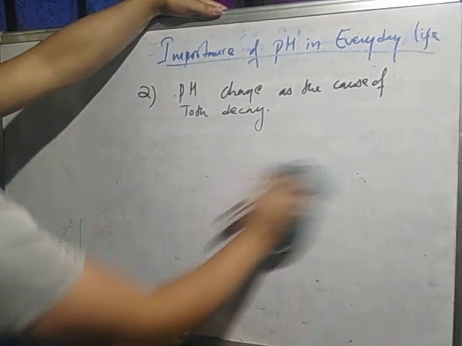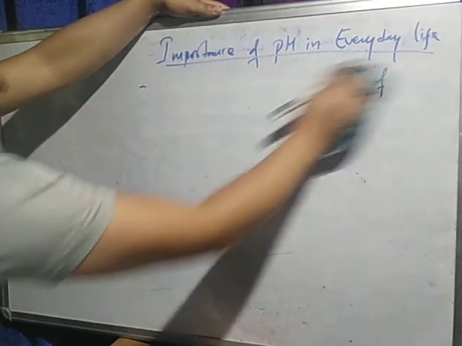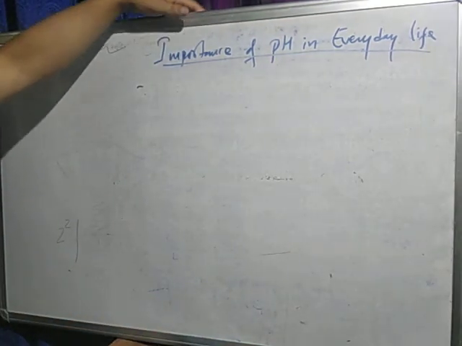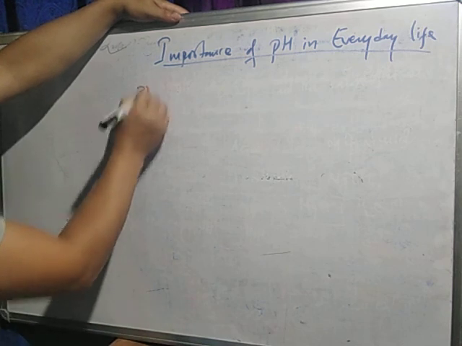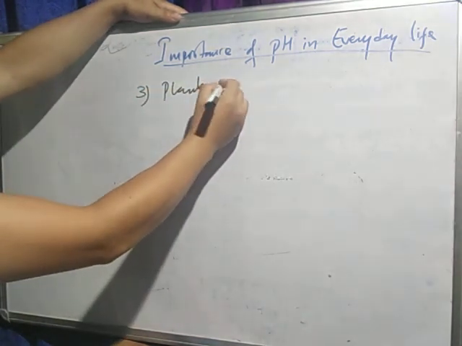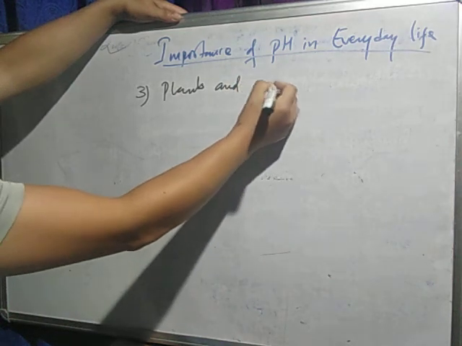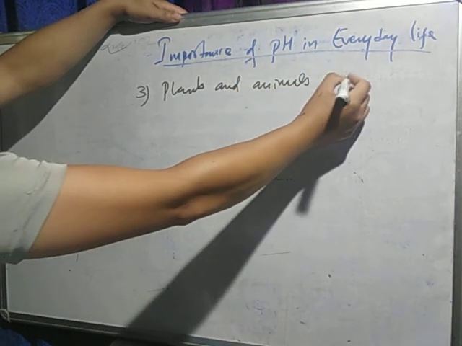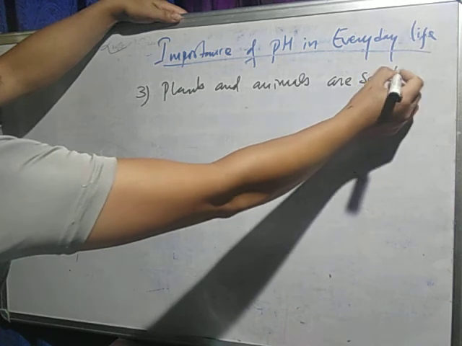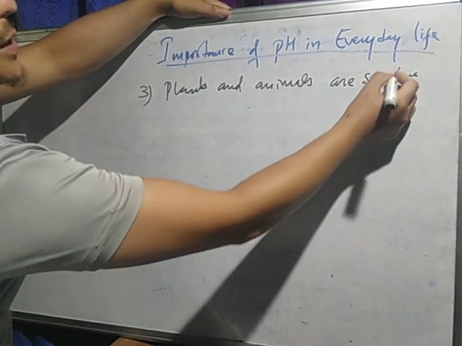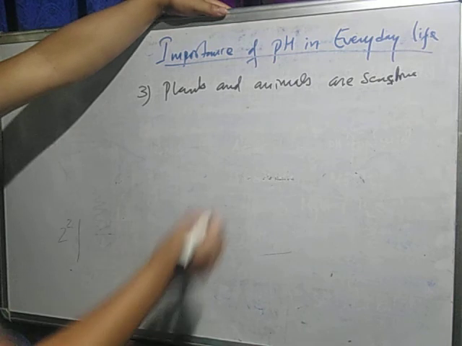So next we have the third application: plants and animals are sensitive to pH change.